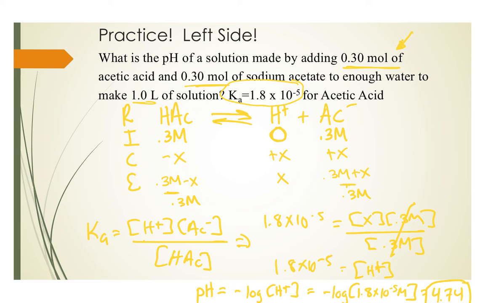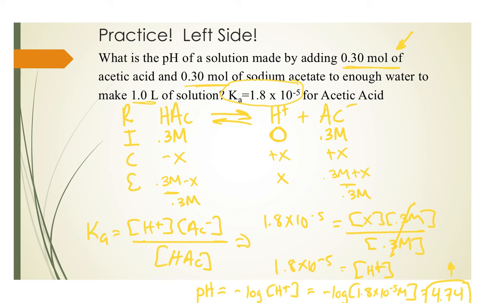Now, in an earlier practice problem in this unit, we did the exact same thing with a solution of acetic acid that was 0.3 molar but didn't have the common ion, and for that one we found a pH of 2.64. So you can see that the addition of the common ion dramatically increased the pH and lowered the ionization of our acid in this particular solution.